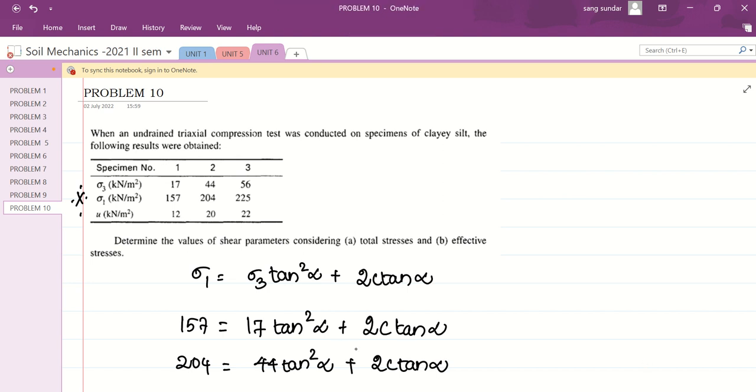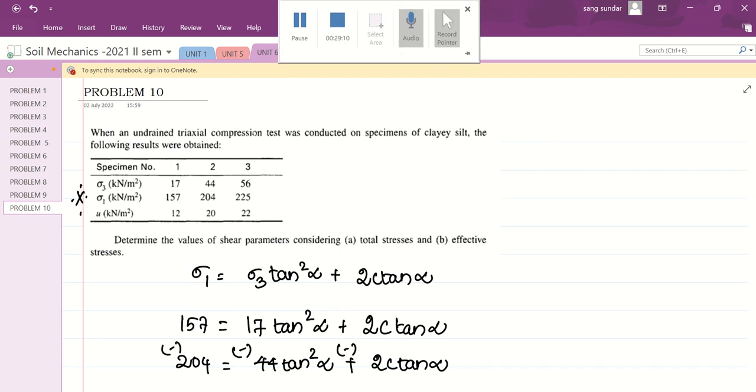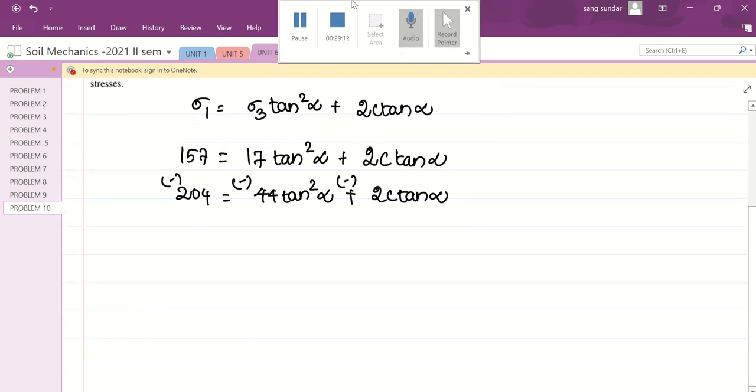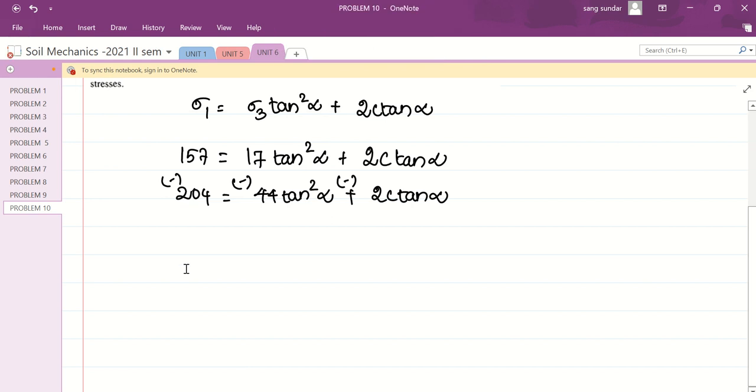If you just subtract one equation from the other, then you will get your values as 47 is equal to 27 tan square alpha.